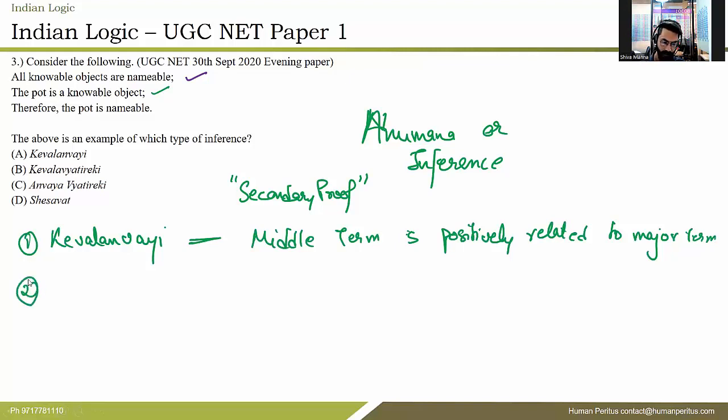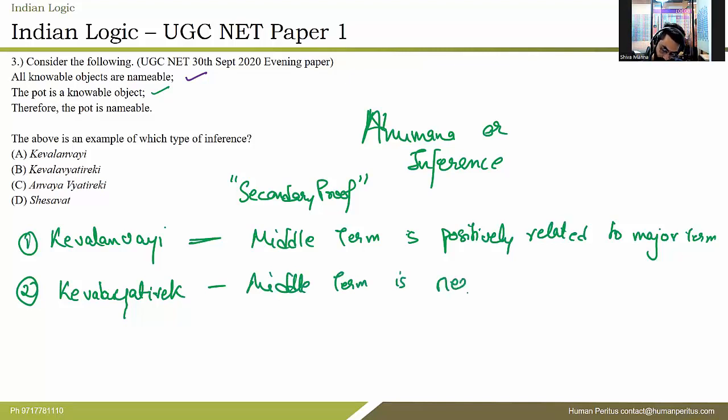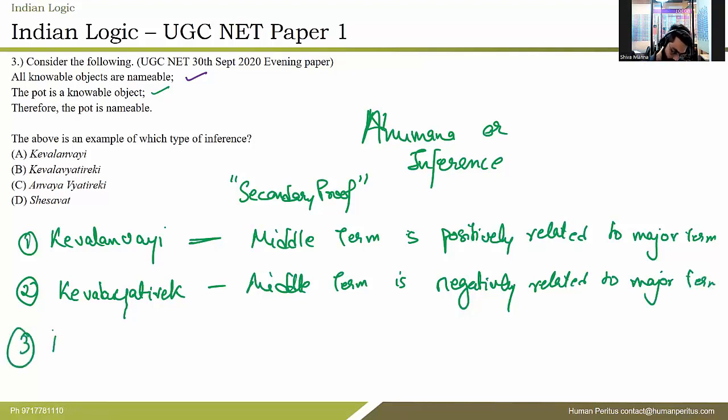The second one is Kevalavyatireki, which is where the middle term is negatively related to the major term. And the third one is Anvayavyatireki.